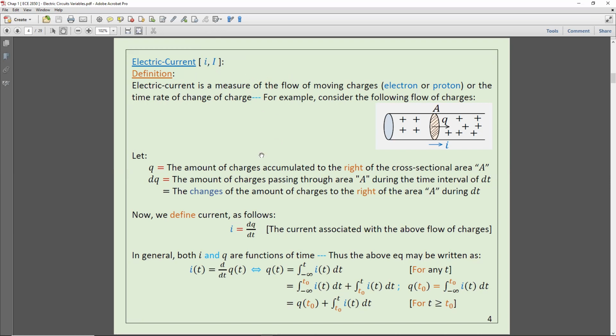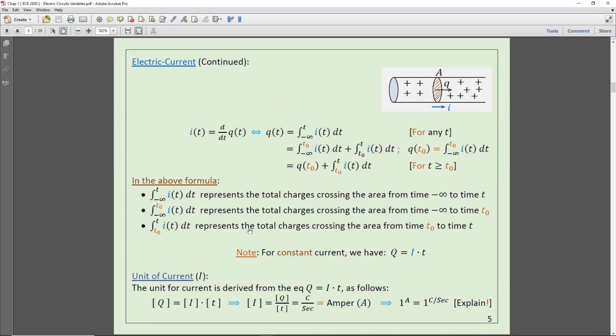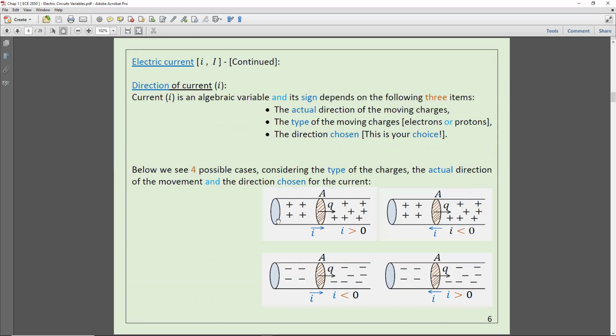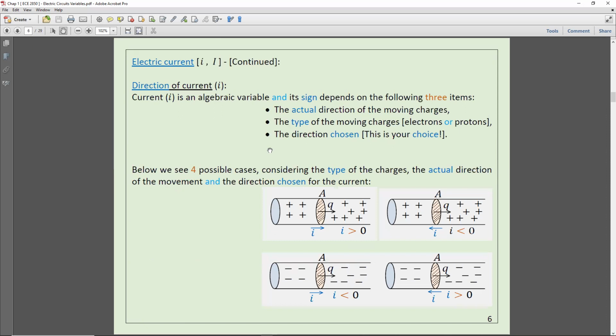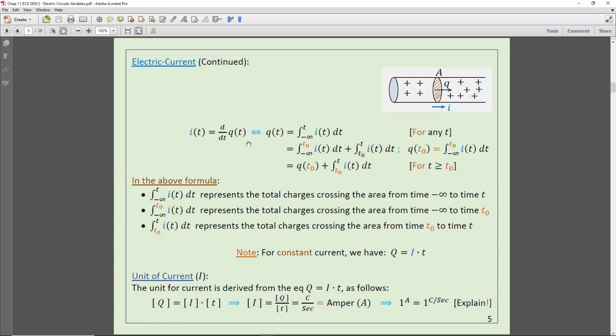Same thing for Q. Let's explain more about the relation between charges and current, get a mathematical relation between them, and then I will give you several examples to apply this relation. So let's do it.